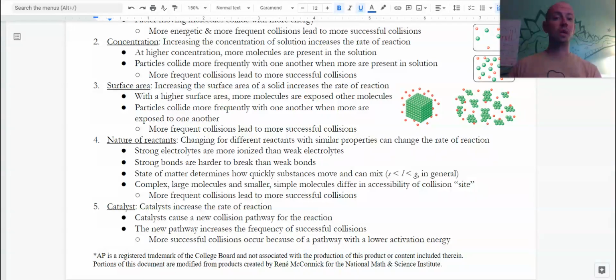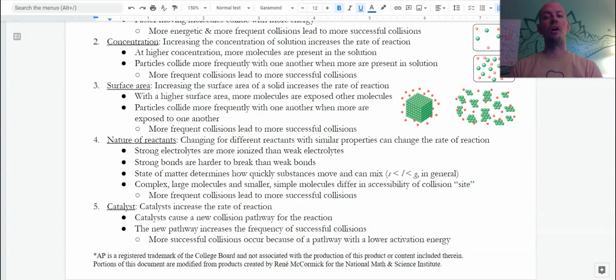Also, if there's just one specific spot on a molecule where the reaction may occur, the chance of that collision happening successfully with the right orientation is very low. So all of these lead to more frequent collisions, which happen to be more successful.